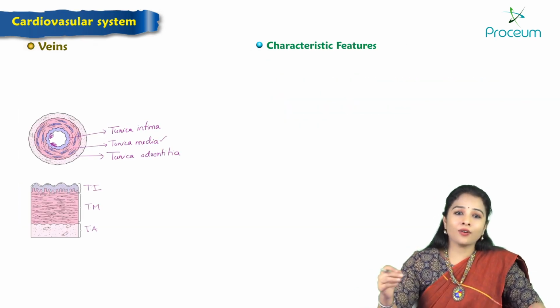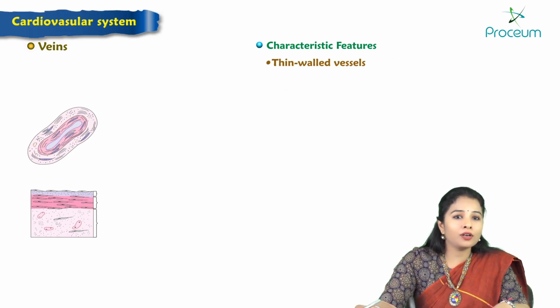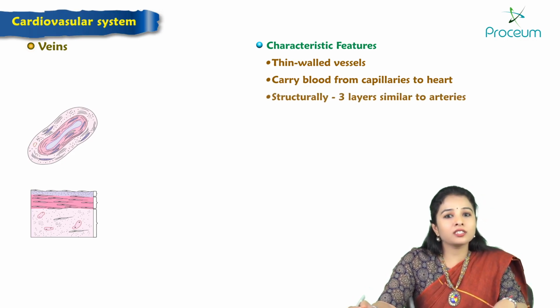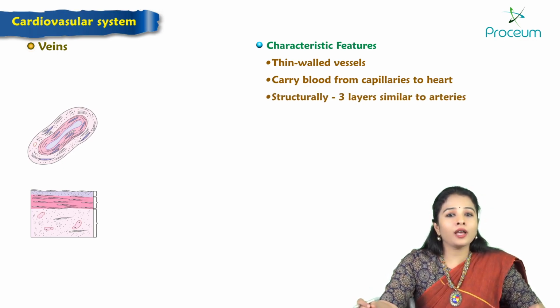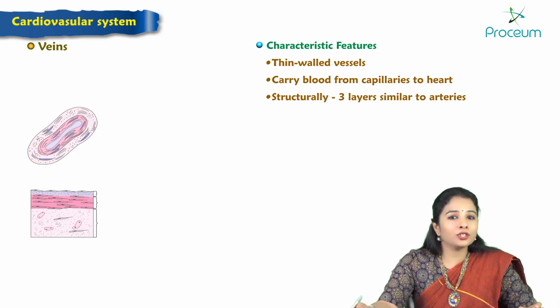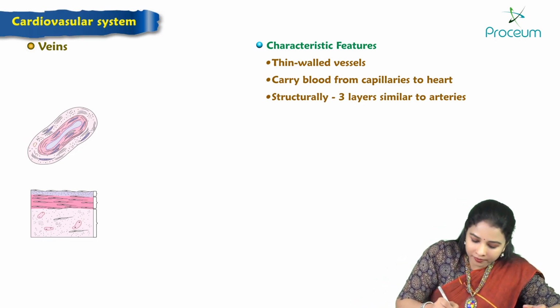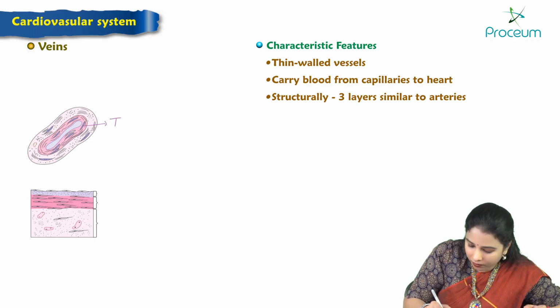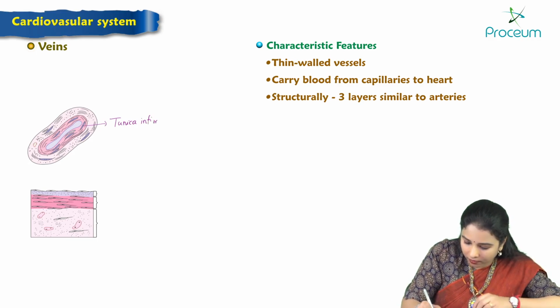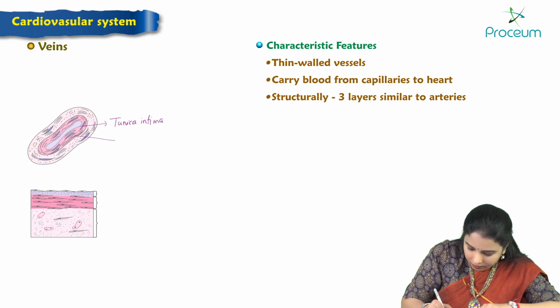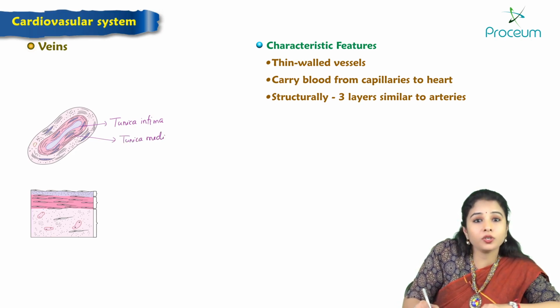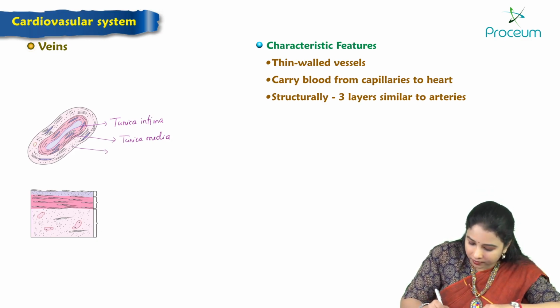The characteristics of veins. Veins are thin-walled vessels that carry the blood from the capillaries to the heart. Structurally, the veins have 3 layers similar to arteries: tunica intima, tunica media, and the outermost tunica adventitia.